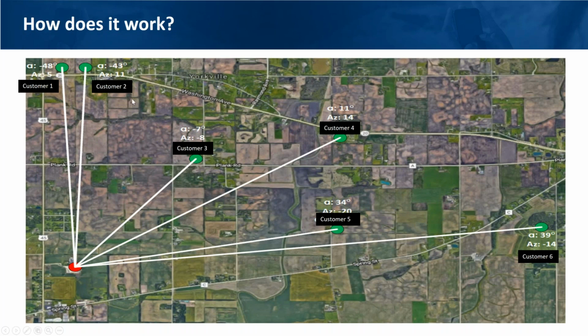As you can see, your subscribers are always going to have different distributions based on where you're trying to give them service. And what you see here is azimuth delta, the degree angle: 48, 43, 11, 7, 34, 39.